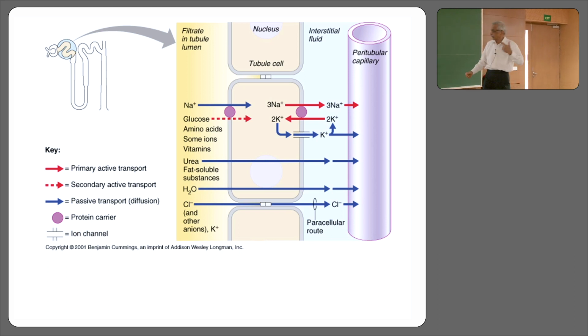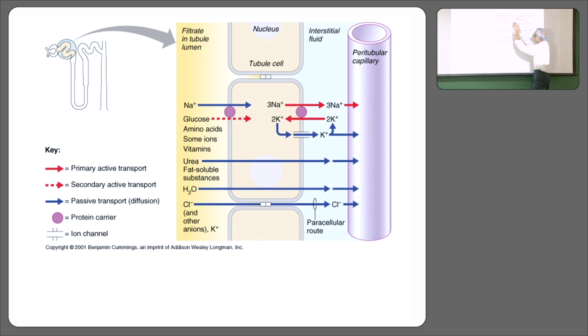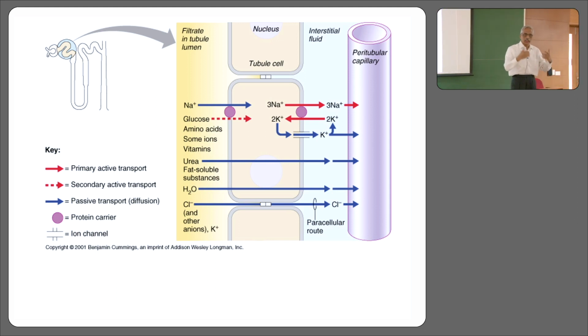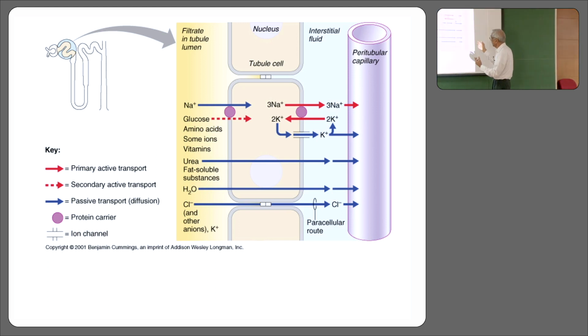It will keep on doing that, and as a result the sodium ions in the cell will be less, and there is a great drive for the sodium ions in the lumen to be taken into the cell. So there is a concentration gradient, there is an electrochemical gradient, and there is a carrier, so it will go.